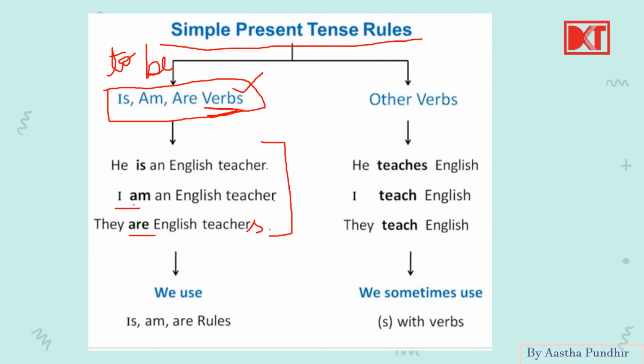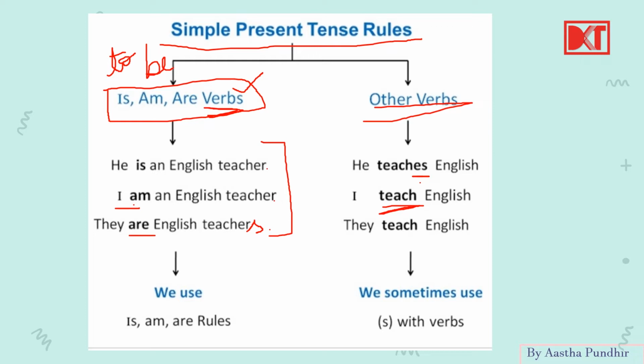And for the other verbs, either we use the first form of the verb or we put in s or es accordingly. For example, here you see alongside I, we get I teach English, right? The first form of the verb. And then with he, we use he teaches.